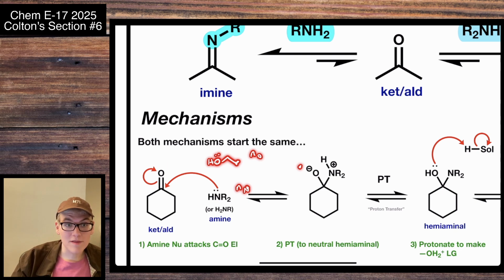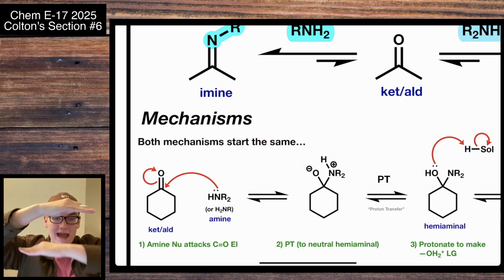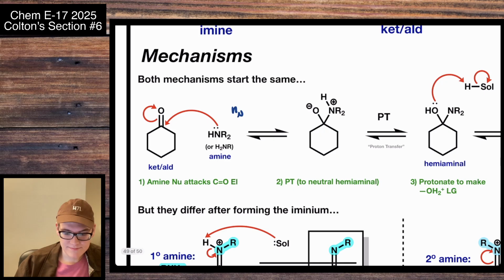We said things that were more electronegative are lower in energy. Oxygen's more electronegative, so this lone pair is lower in energy. And remember, for HOMOs, for donors, we want it to be as high energy as possible in order to lower that HOMO-LUMO gap. So, because we have a better lone pair on nitrogen as our HOMO, we can just go and straight up attack the carbonyl. So that's step 1. We attack the carbonyl.